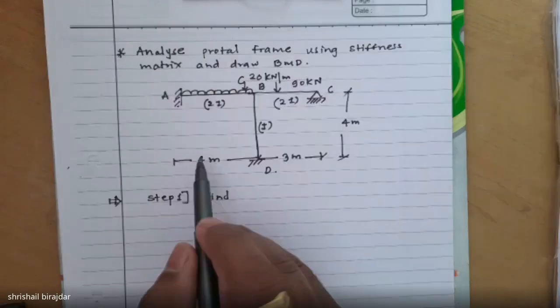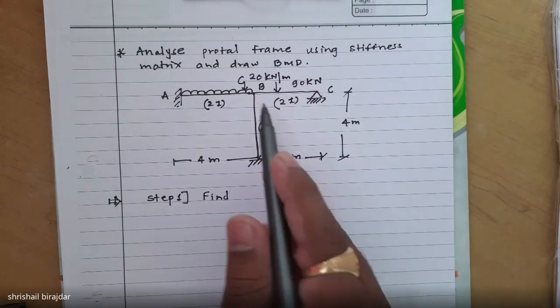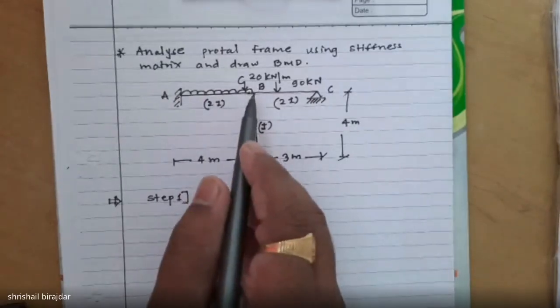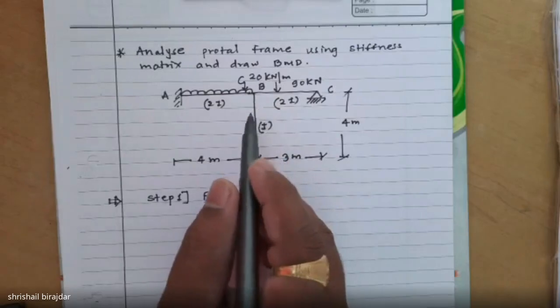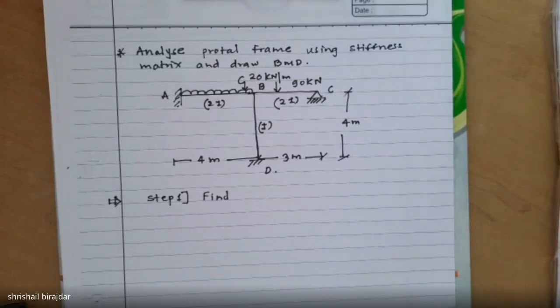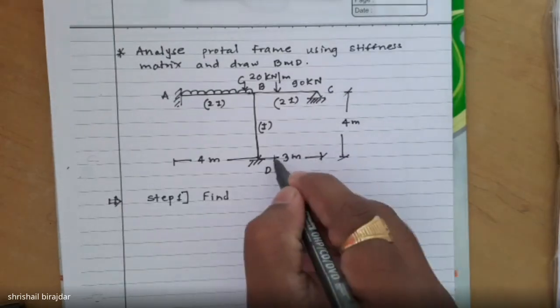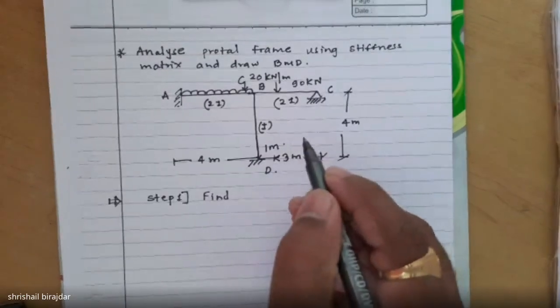4 meter for AB and for BC 3 meter, and the column. The load on this particular span AB is 20 kilonewton per meter. Let me check whether the load is exactly on... Okay, 3 meter is up to this particular point and 1 meter from the B support.